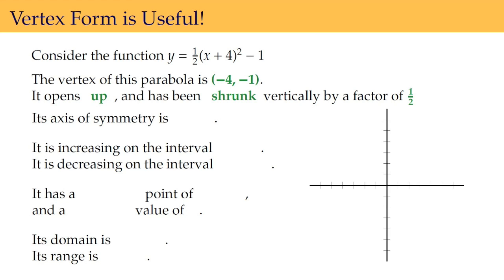Its axis of symmetry, oh wait, actually I think I have the sketch of the graph next. That's what that graph looks like. Its axis of symmetry is, you always use the x-coordinate of the vertex. So its axis of symmetry is x equals -4.